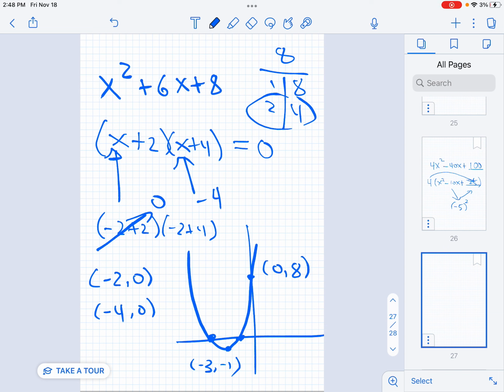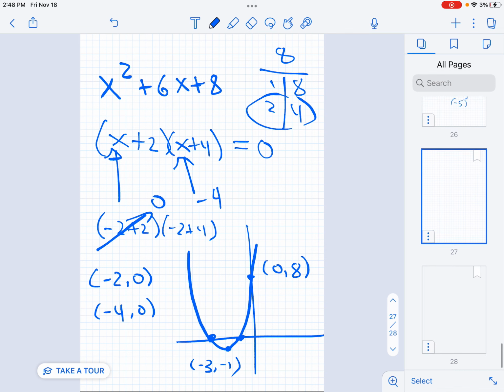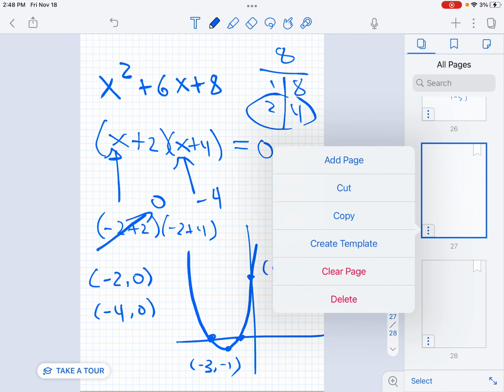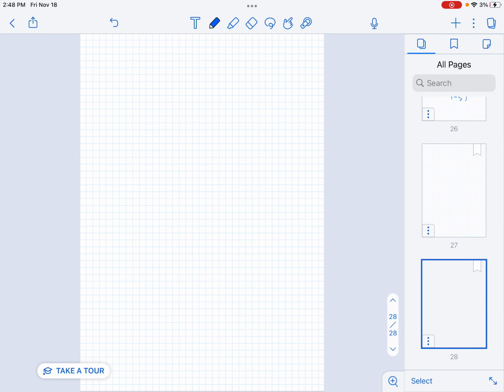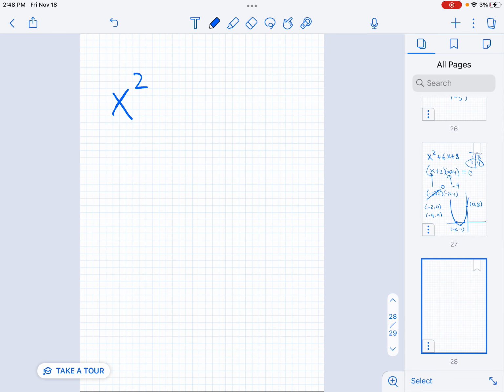Okay, so let's do the same example here. Let's do x squared plus x minus 12. And I want you to find the y-intercept. Okay, easy. The y-intercept is 0, negative 12.